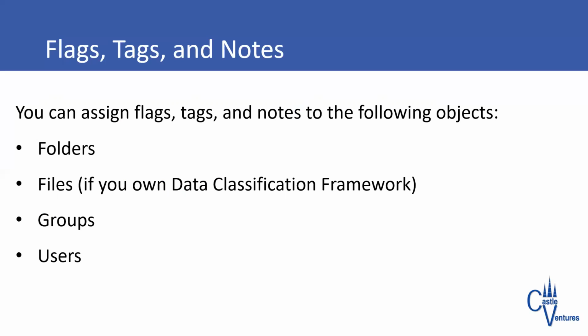If you want to tag all the folders that contain video files created in Acrobat, you could do that as well. So with that capability, you can come up with sets of information that you can use to do lots of interesting things with Varonis. And we'll talk about some of those examples as we go through this.